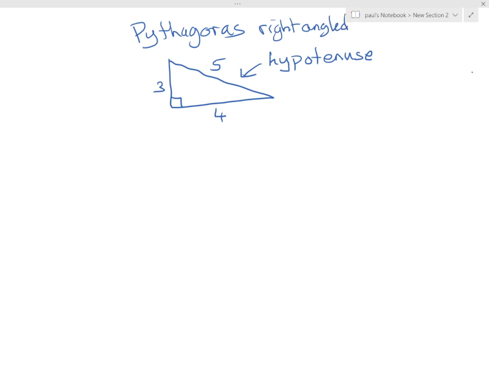And what happens if we call this ABC, the Pythagoras theorem, or the formula to find out the unknown sides, is a squared plus b squared equals c squared.